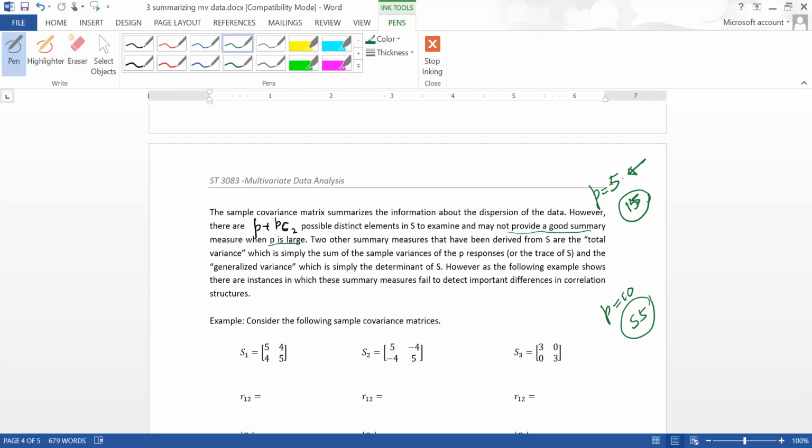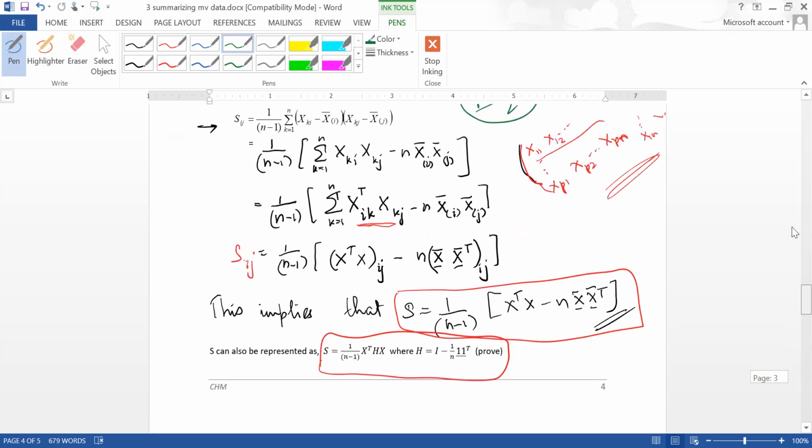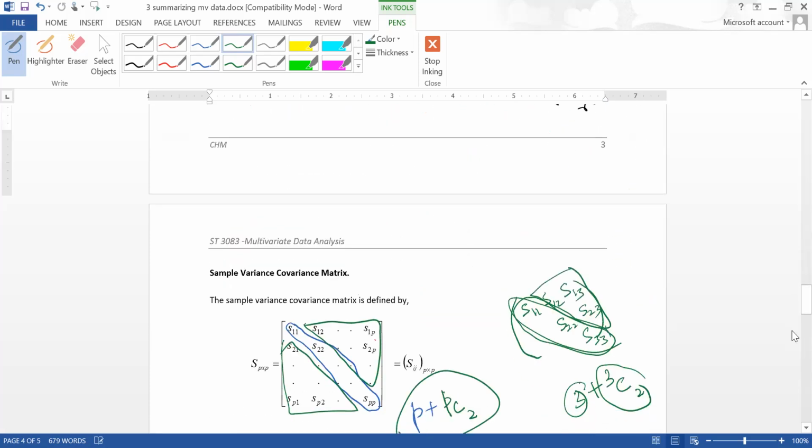So two other summary measures have been derived from S. Using the matrix S, we define two other summary measures. One we call the total variance, which is simply the sum of the sample variances of the p responses. That means whatever you have along the diagonal.